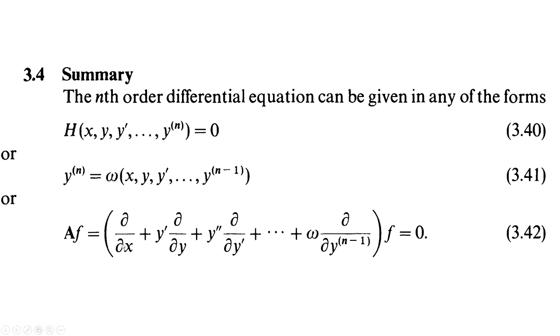This is the total differential operator, operating on a function of x, y dash up to yn minus 1, will give me 0. This is the first integral, and differentiating that first integral one more time, I will get the nth order differential equation. So all these are equivalent.